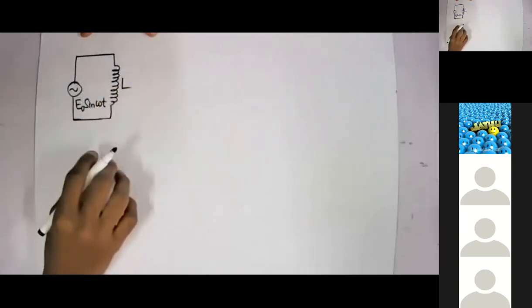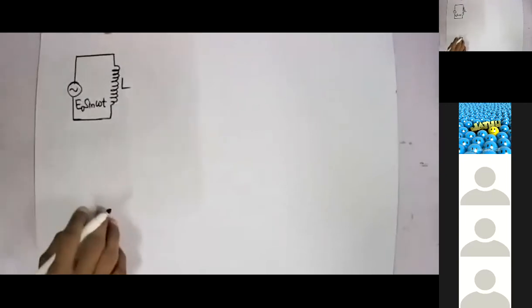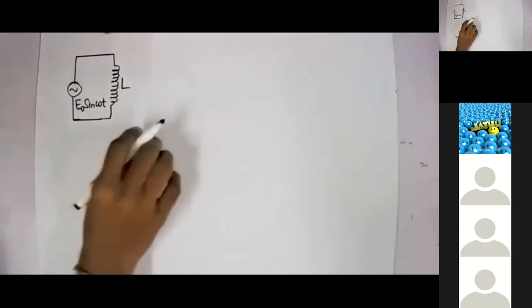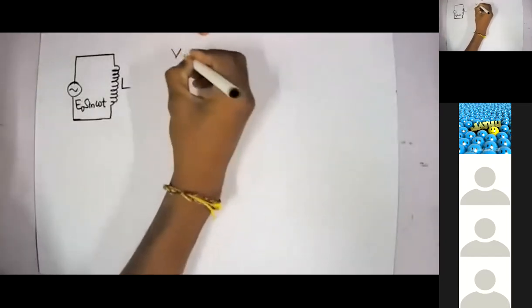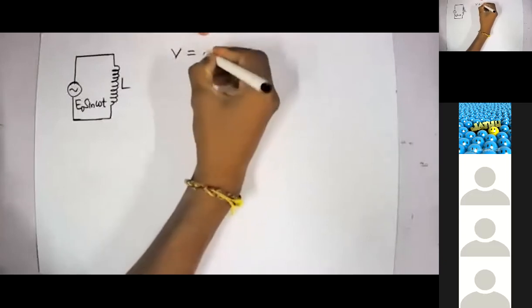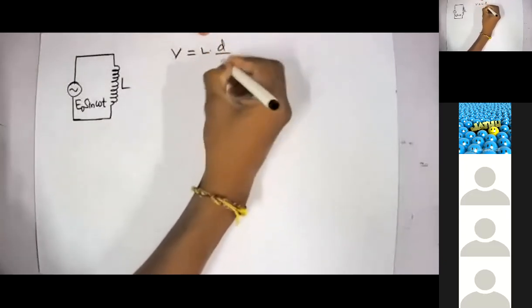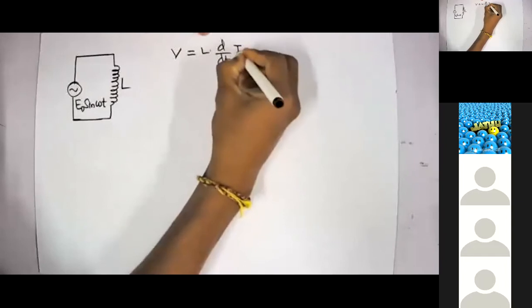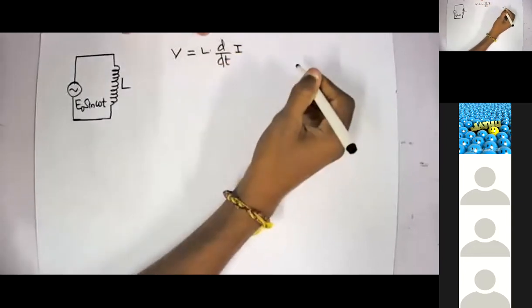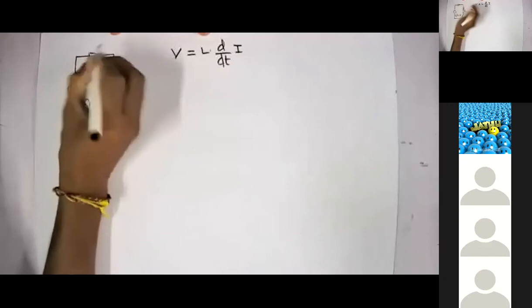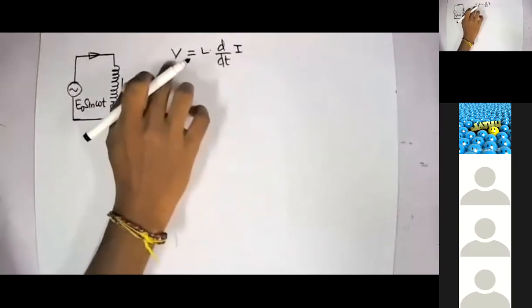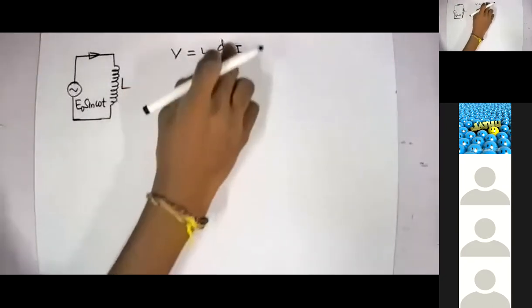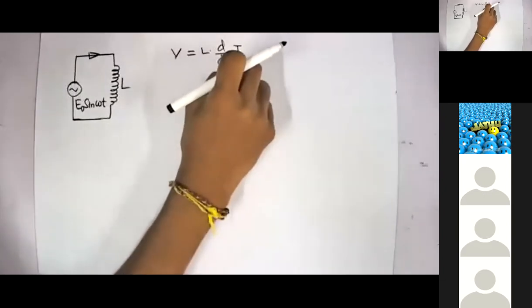This is inductance L. With an inductance L, we can write the inductance equation, where V equals L into d/dt of current I, which is the other way around of the capacitor. So V equals L into d/dt of I.